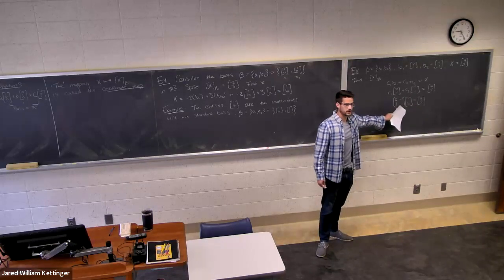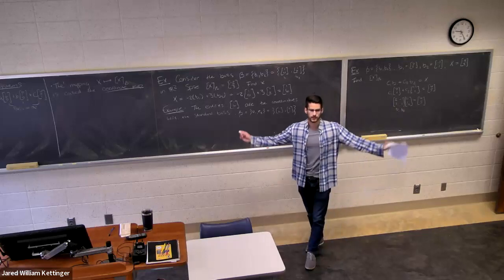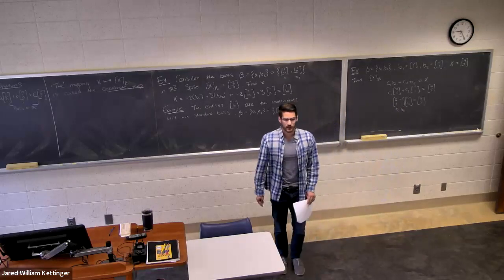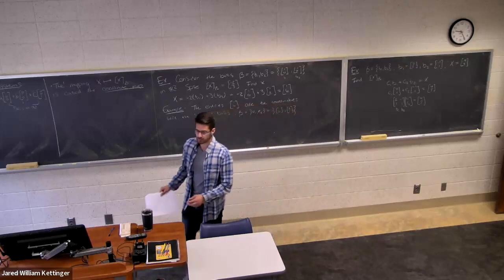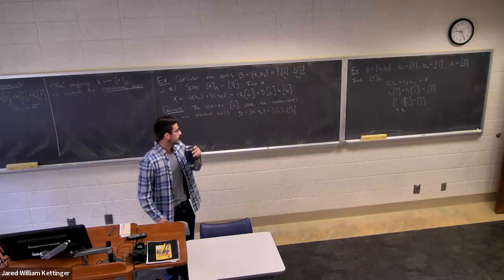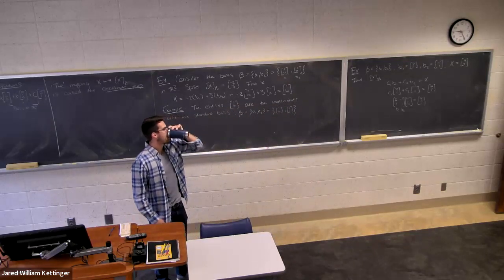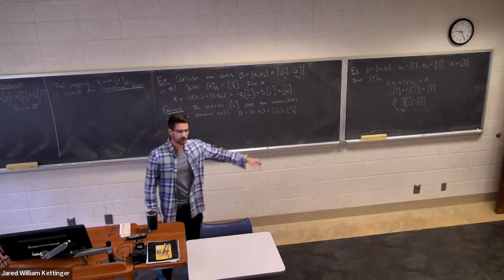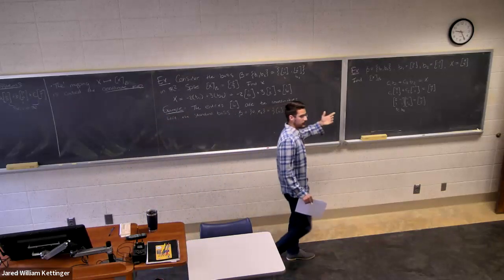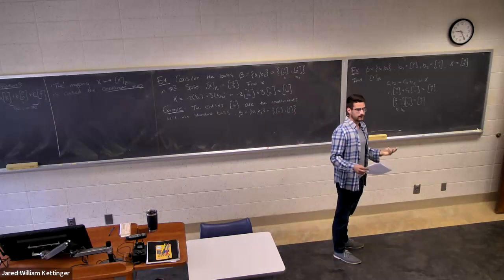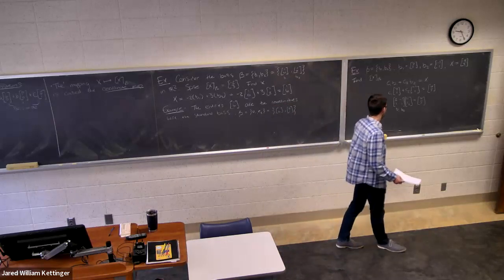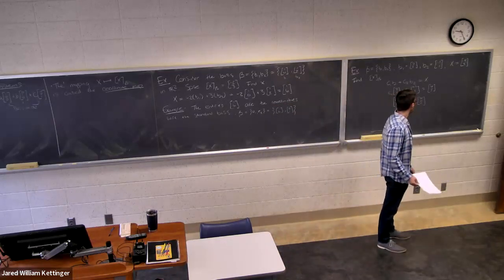Why do I know that this matrix will 100% be invertible without even checking the determinant? The columns are linearly independent, right? The columns come from our basis. A basis is linearly independent, and a matrix is invertible if and only if its columns are linearly independent.